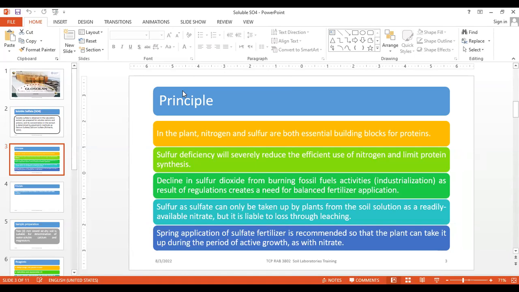So even the physical condition of the soil can be improved by adding fertilizers with sulfur or with sulfate. When we come to the recommendation, I think we can check this issue again.